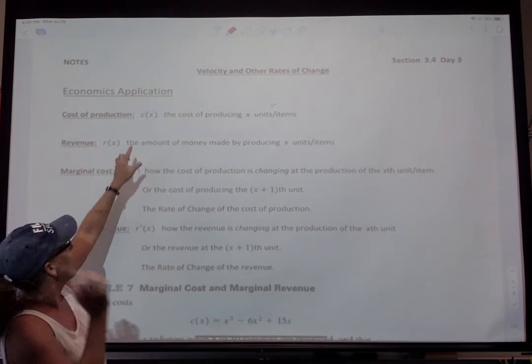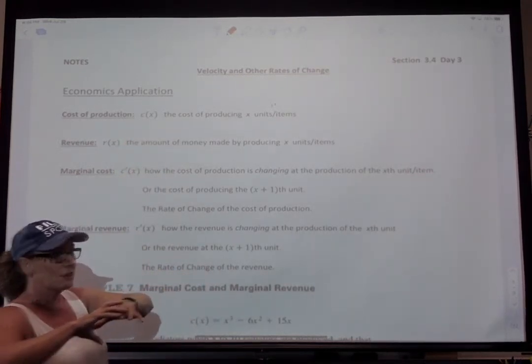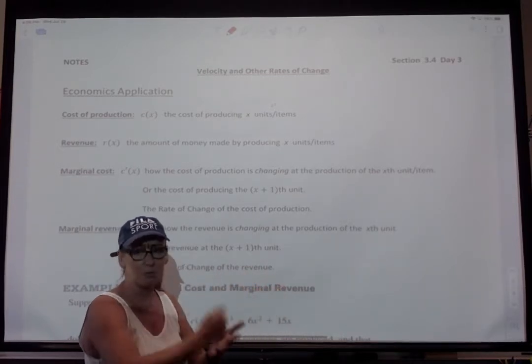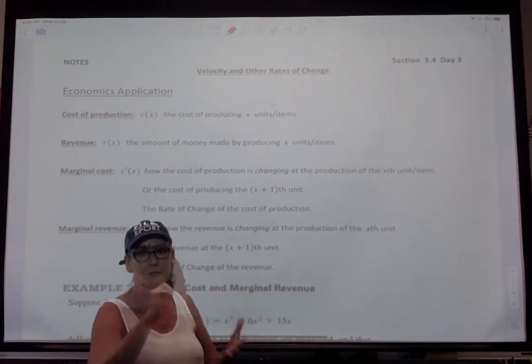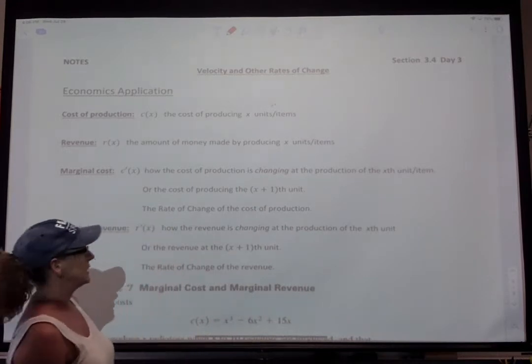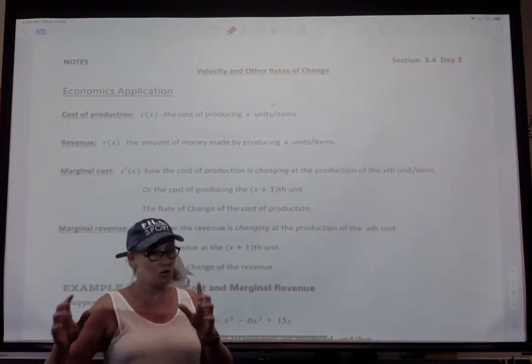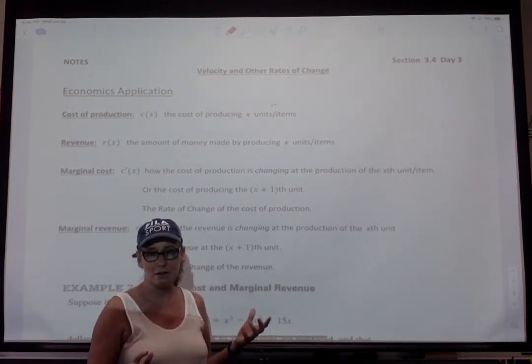So we're going to be looking at cost as a function. This is if I'm making 20 items, I can figure out the cost for all 20 items by plugging 20 into my function. Or if I'm making 50 items, I can plug 50 into my cost equation to see what's the overall cost for 50, and so on. But your cost changes depending on how many items you're going to make.